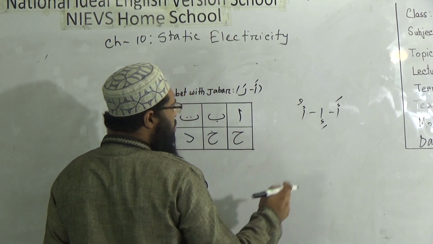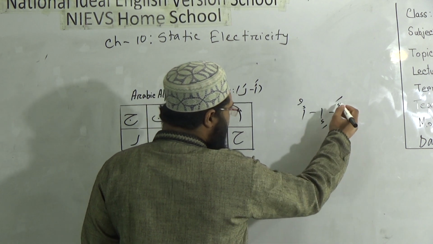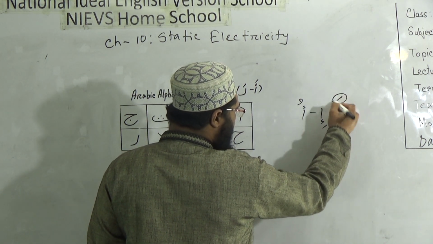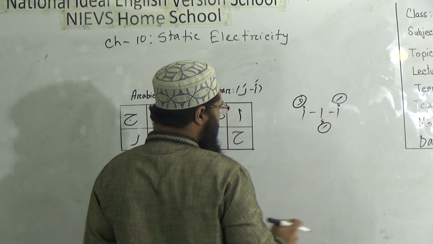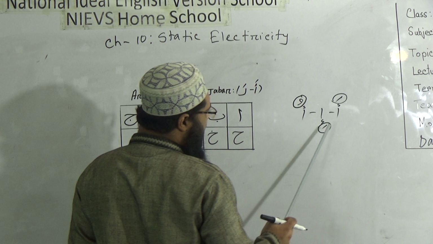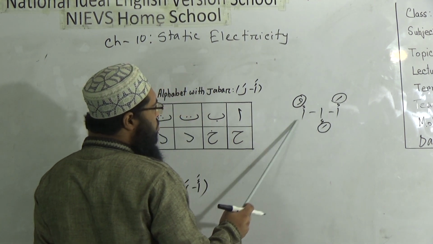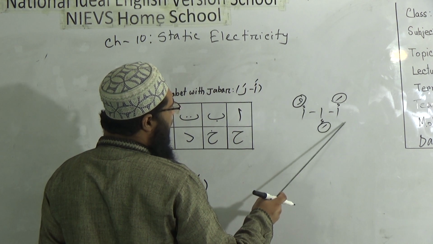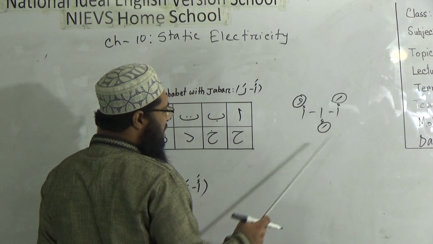The pronunciation of harkat is to be done very fast or very quick. So this one is Jabar, this one is Jer and this one is pesh. Today we will learn Arabic alphabet with Jabar.